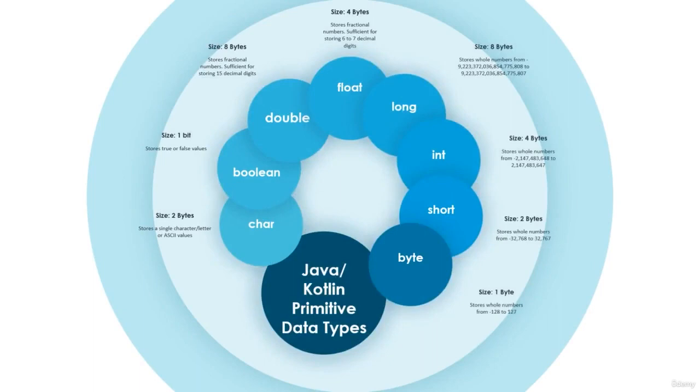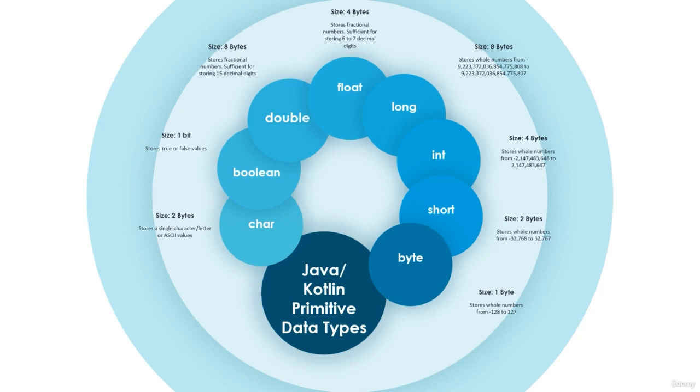First of all, let's start with the byte. The byte data type can store whole numbers from -128 to 127. This can be used instead of int or other integer types to save memory when you are certain that the value will be within -128 and 127.